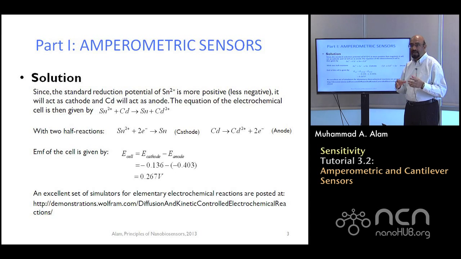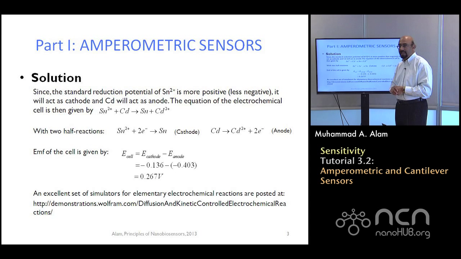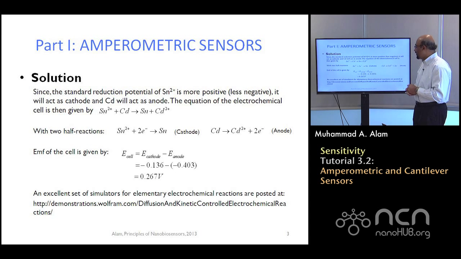If you look at the lecture slides, you will see that the electron goes from the anode, after getting oxidized, to the cathode, and there it deposits its electron. So this would be the half reaction associated with antimony. And cadmium, since it gives away an electron and in the process gets oxidized, would be the anode. It will be called an anode.